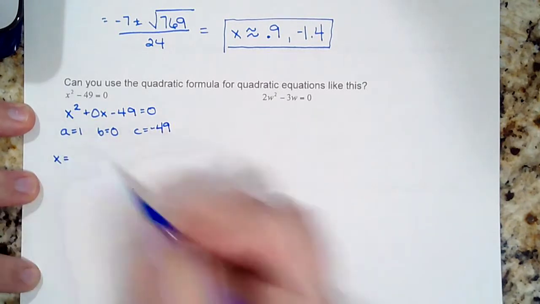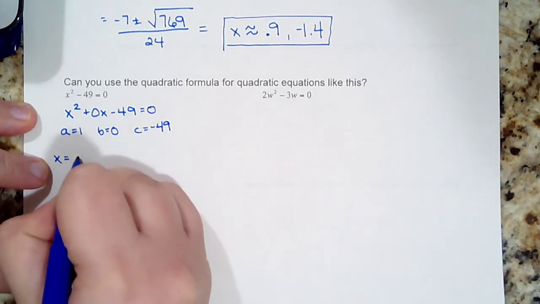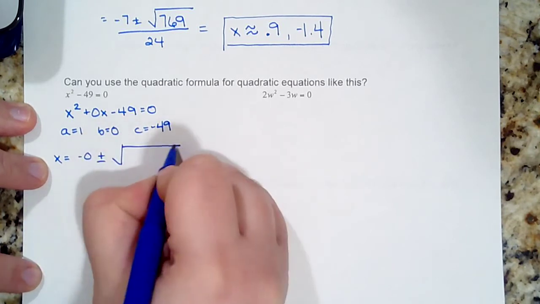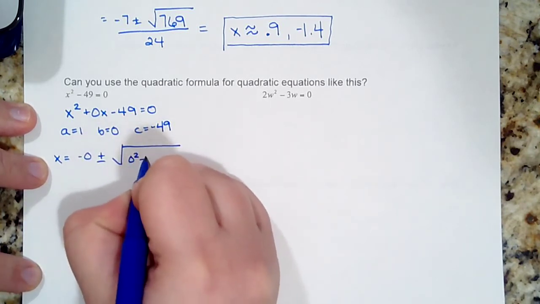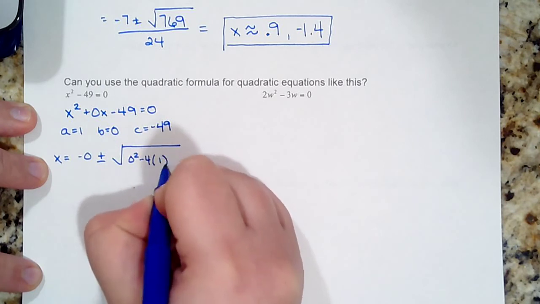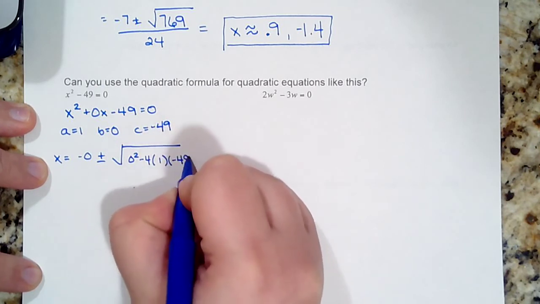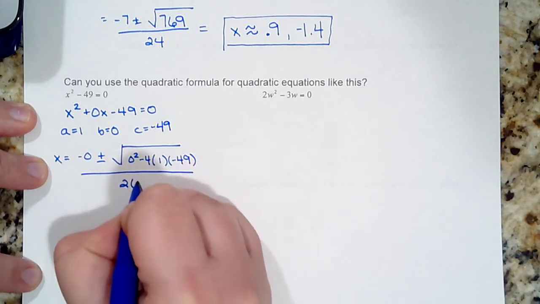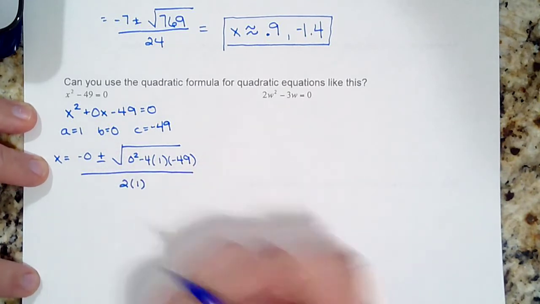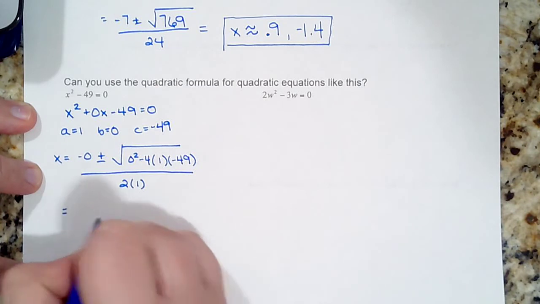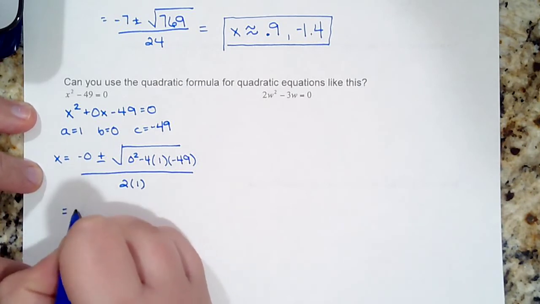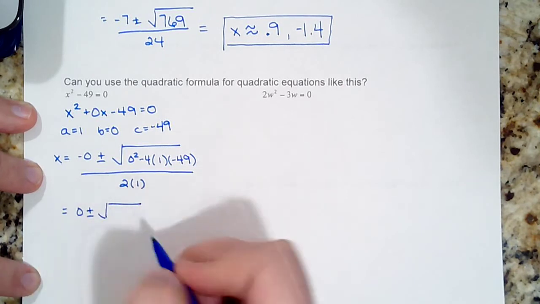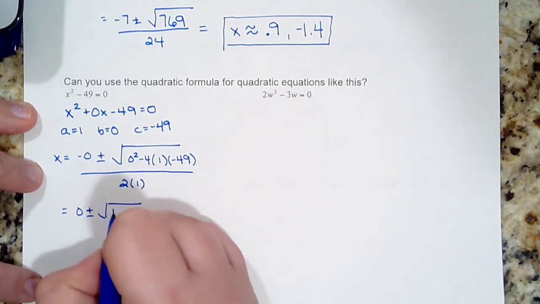So if I plug this into the quadratic equation, I'm going to get negative b plus or minus the square root of b squared minus 4 times a times c, all over 2 times 1, which when I simplify out is just 0 plus or minus root 196 over 2.